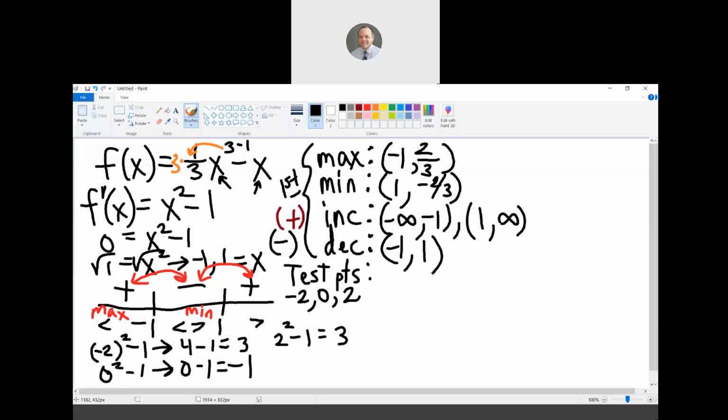All right, let's use the second derivative test to find the rest of our characteristics. So when I take the derivative again, f double prime of x is equal to 2x.